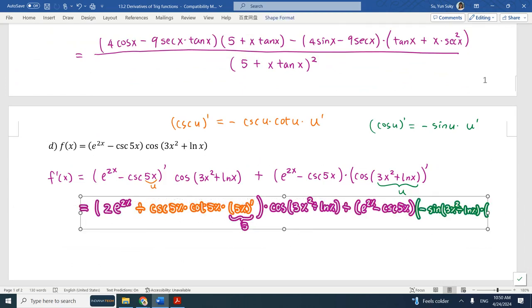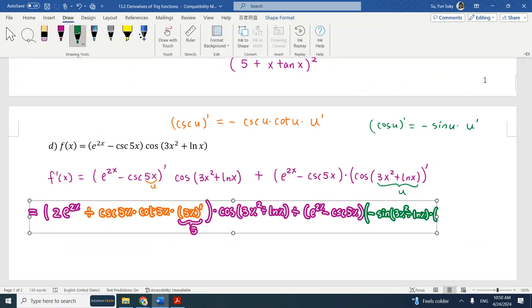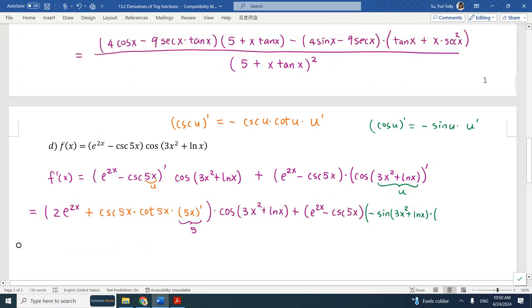Do you still have enough space? Okay, good. So u prime is 3x squared plus ln x prime. Everybody?